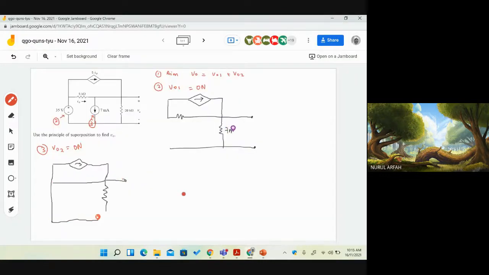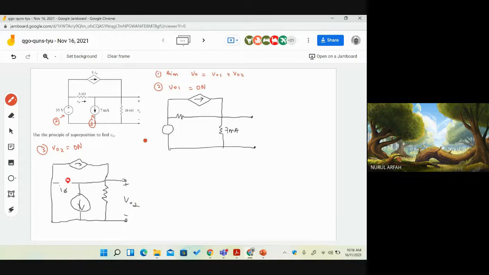Okay, don't forget the resistor. Alright, good.